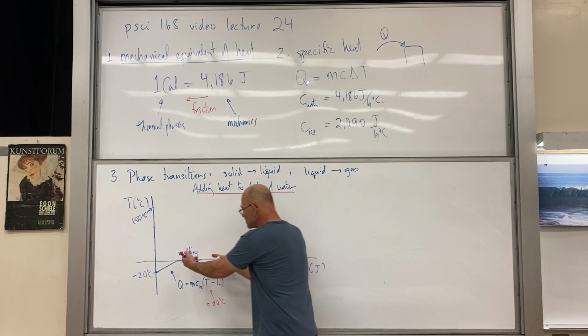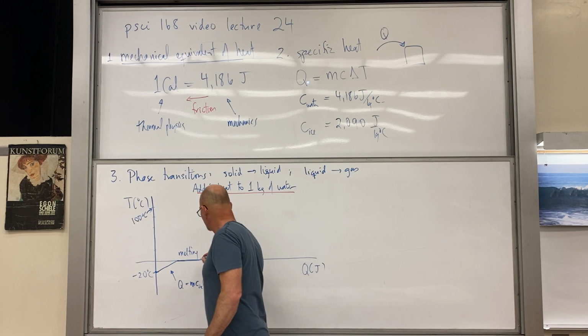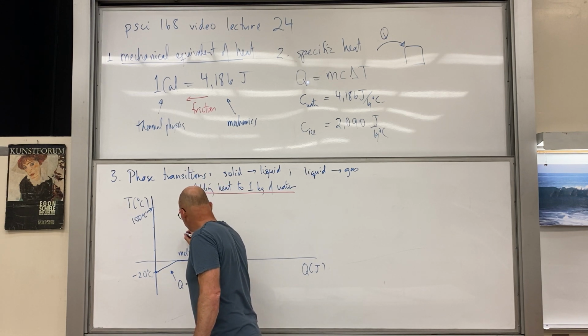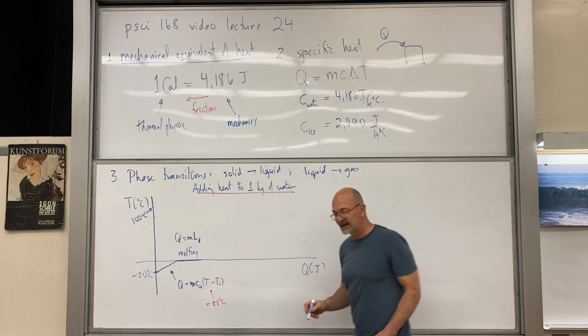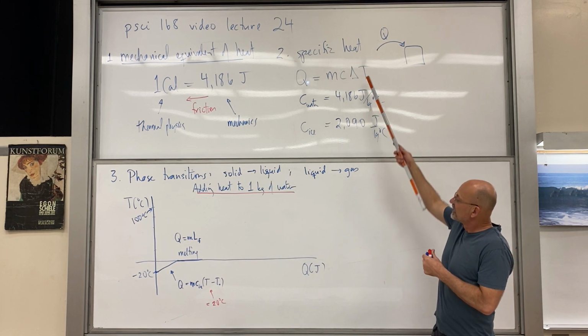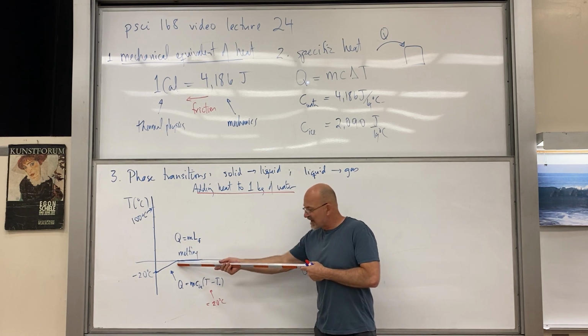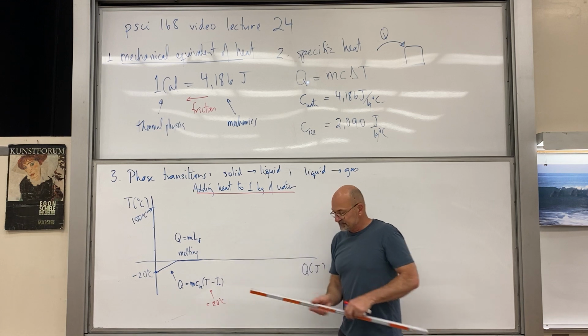But it takes energy for it to melt, and quite a bit. So let me go ahead and write this. Q is equal to M times L sub F. So that's a new quantity. It's not this formula here because the temperature is not changing, but a lot of energy goes in to melting it.